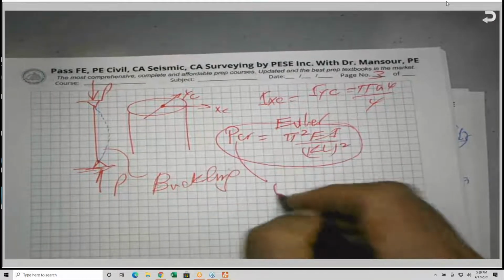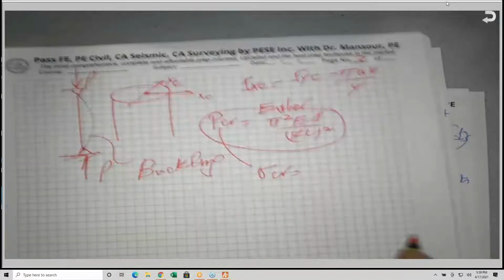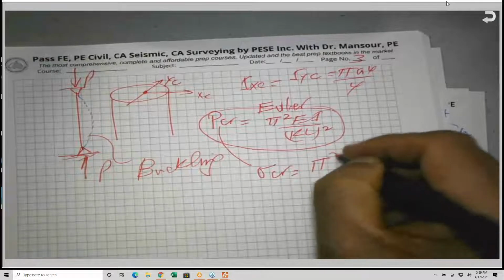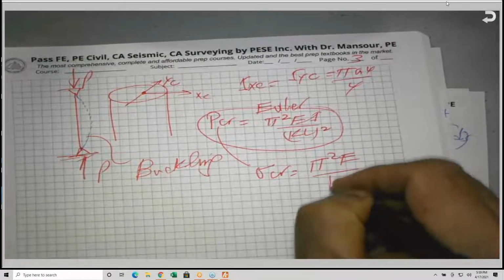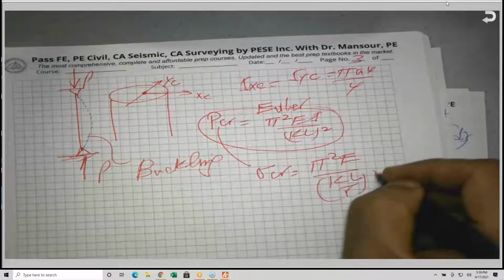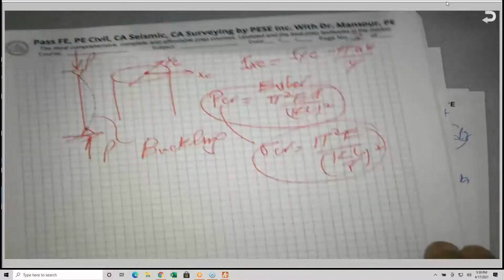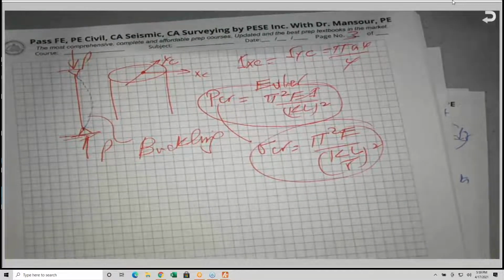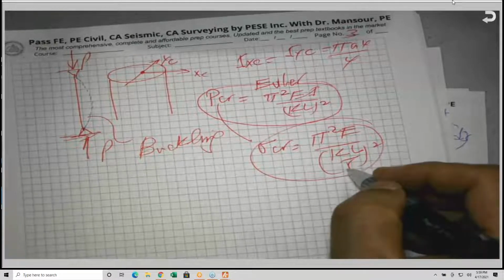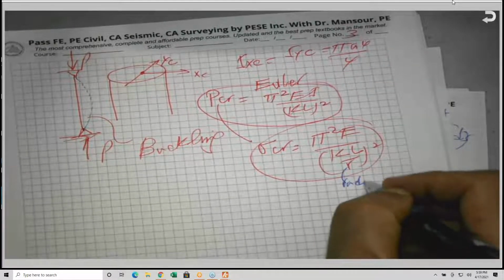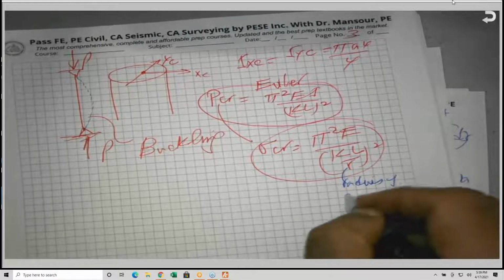And there is another equation, sigma critical, which is pi squared E divided by (KL over R) squared. We're going to see it. It's called the critical buckling stress, and R is the radius of gyration.